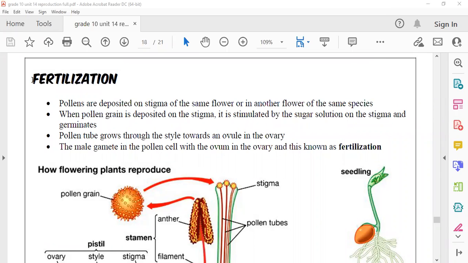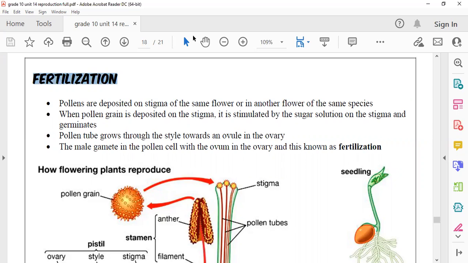In plant reproduction, we are going to speak regarding the heading called fertilization. Right? So, in the case of fertilization, the actual fertilization is the male gamete in the pollen cell fusing with the female gamete, or its name is ovum, and making a zygote.